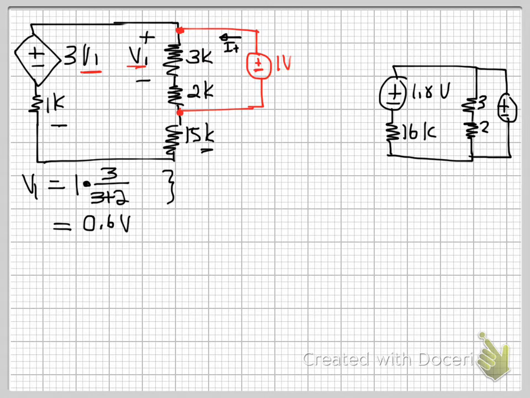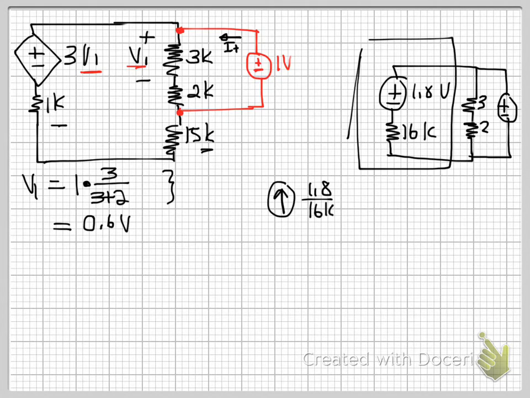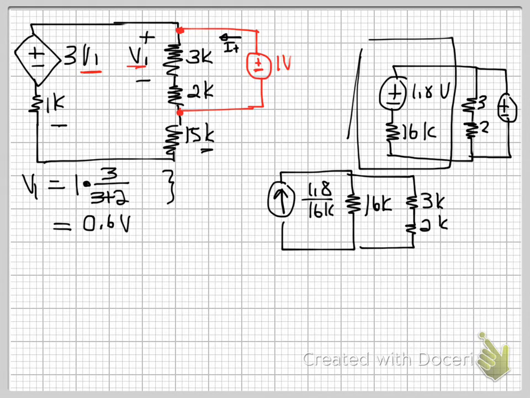So now what I'm going to do is source transform this part, so that it becomes a current source. As a current source, we have the value of 1.8 over 16K, and it is in parallel with our resistance of 16K, and then you have your 3 and 2K respectively, and then you've got your V of test.